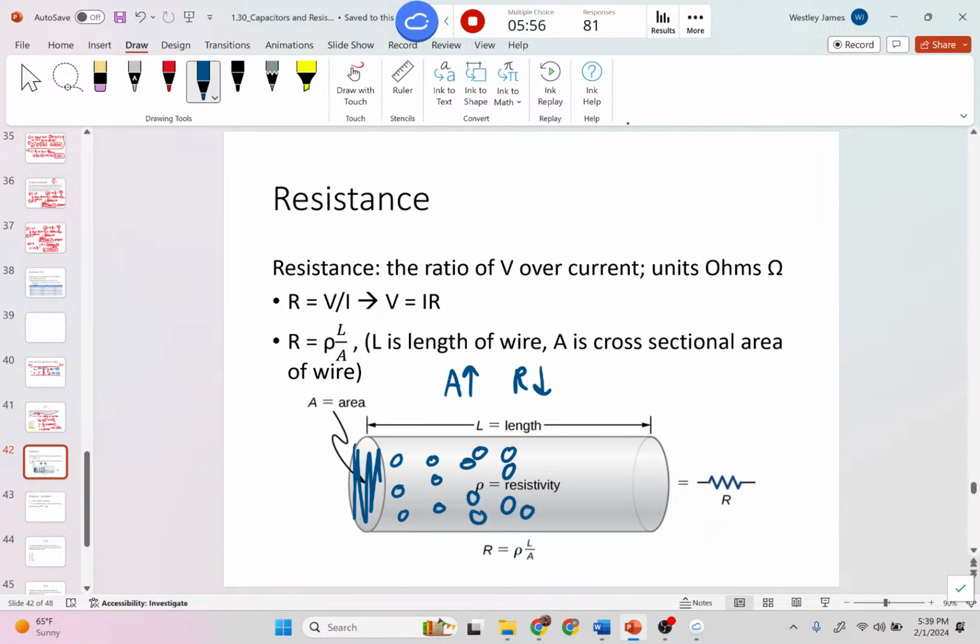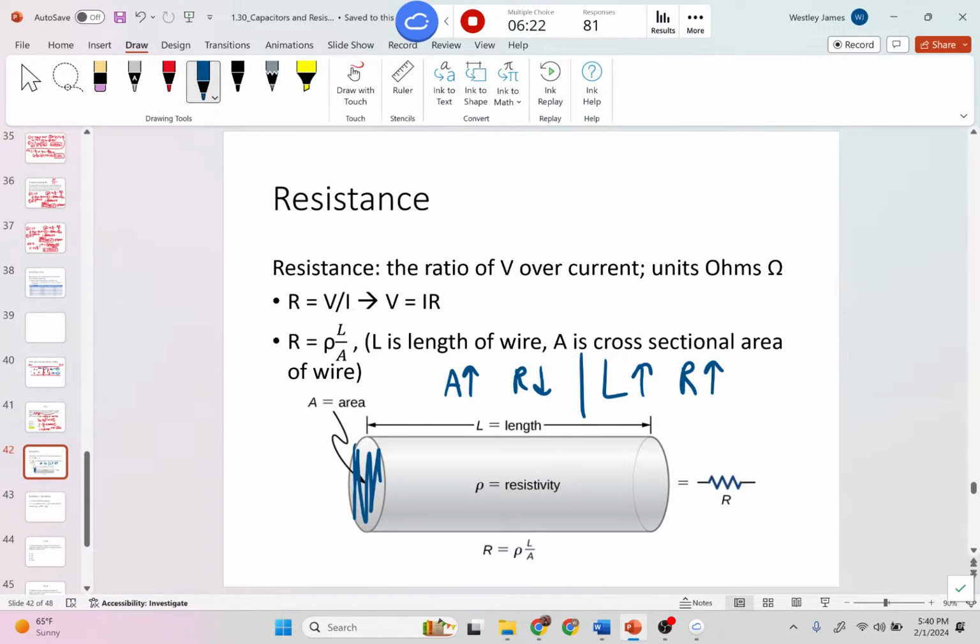If someone has to drive their car a mile versus 10 miles, the person driving 1 mile gets there quicker, easier. So the longer the wire, literally the more atoms they have to get through. As length goes up, my resistance goes up. Makes sense? Longer wire, more I've got to get through, harder it is to go through that thing.